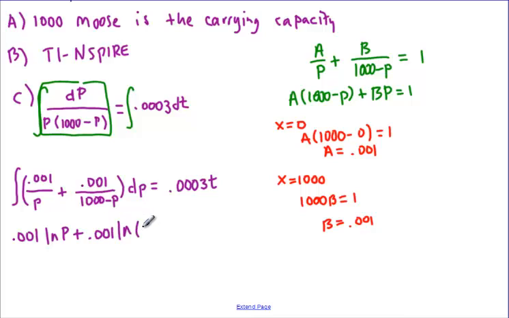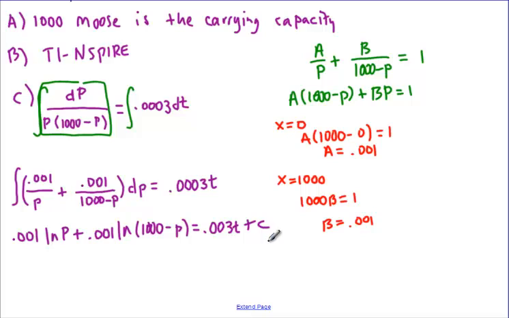And then the natural log of 1,000 minus P. And remember that we just need plus C. We only need that in there one time. He's a constant, even though we're dealing with him on both sides. Everything is going to be okay.